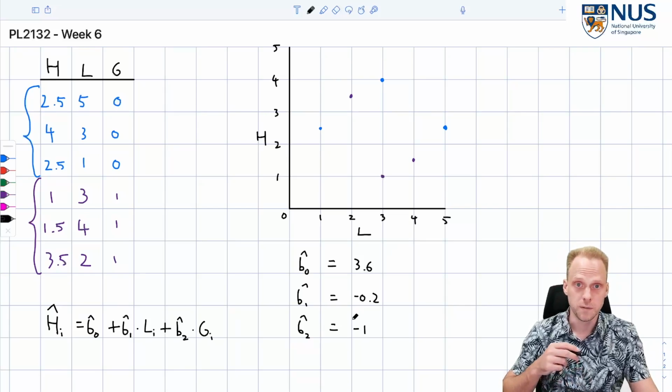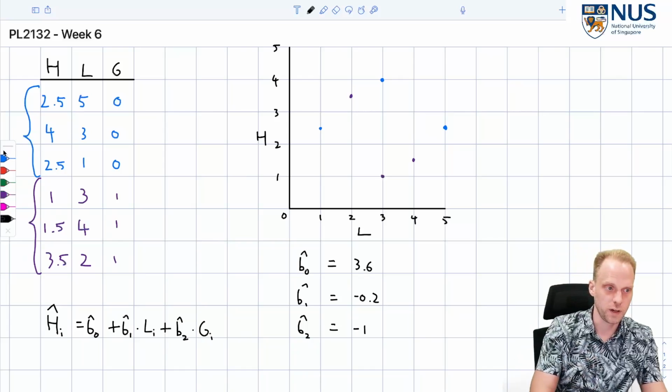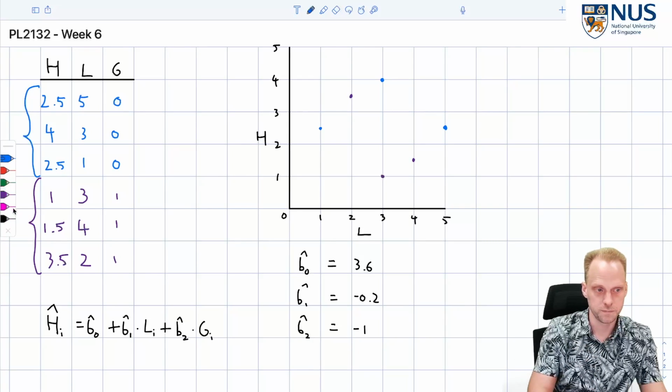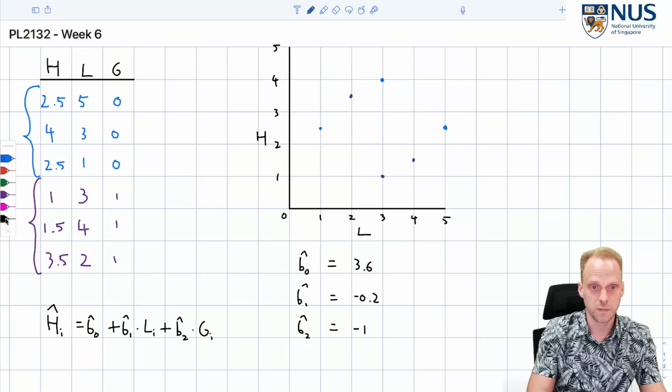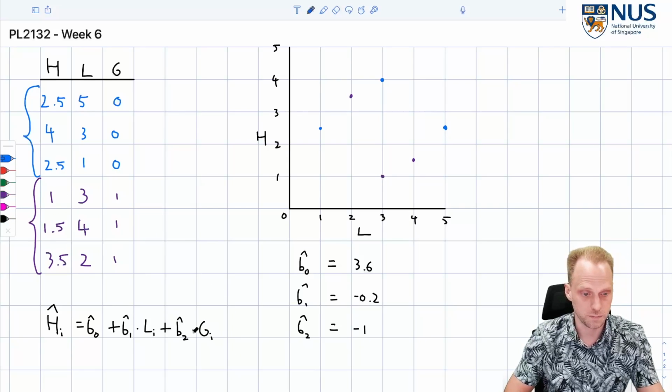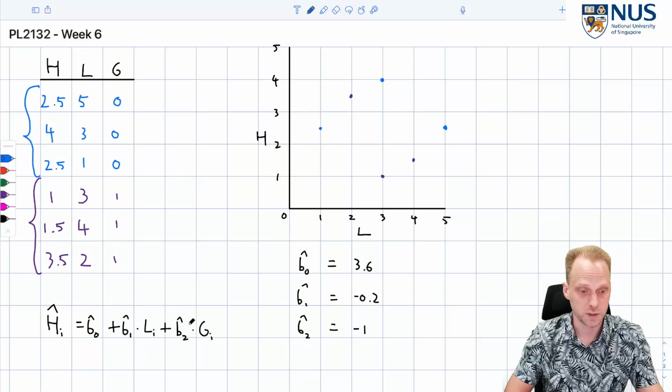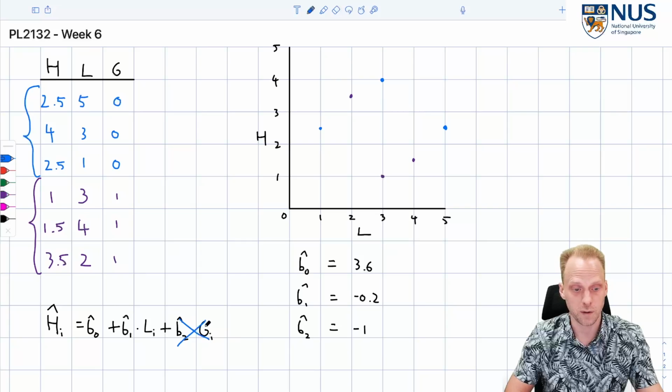So what does that mean? If we try to draw the predicted line, for the hamsters, this group is 0. So for the hamsters, it's easy because we just get rid of this term to draw our line, because this is 0.